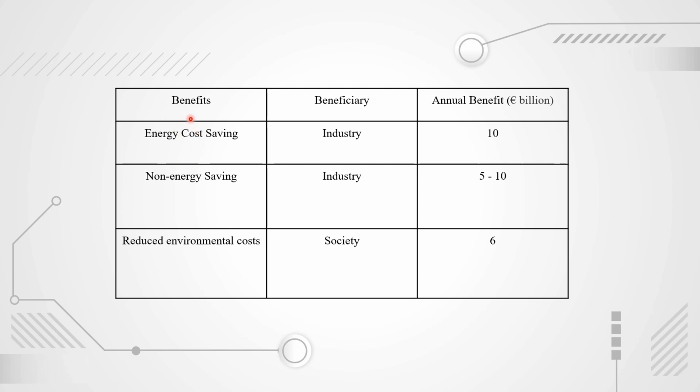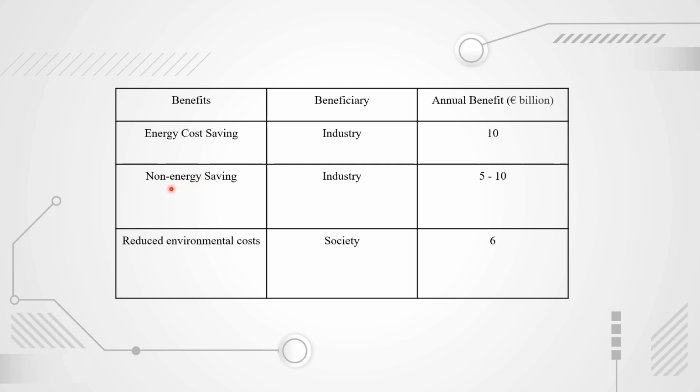So the benefits of energy efficient motor are energy cost saving, non-energy saving, and reduced environmental costs. For energy cost saving, the beneficiary is the industry, and the annual benefit is equivalent to 10 euro billion.